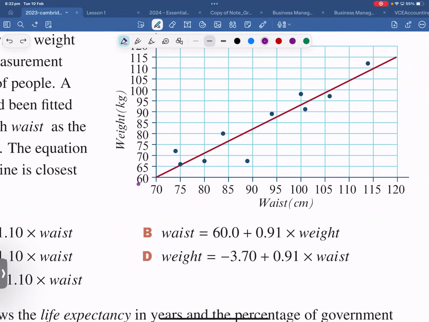So this is where the intercept is, yes? What did we say for intercept? When x equals 0. So is that x equals 0 there? No, then what's x is? X is 70, guys.